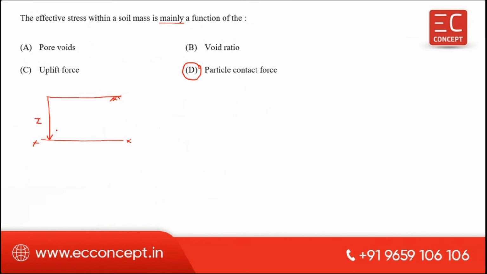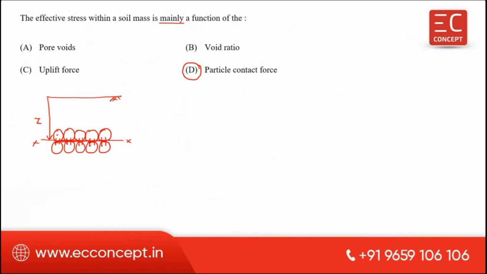So here, at the contact surface, this is the particle, and this is another particle which lies below it. Effective stress is due to this contact area. The stress on this contact area is called effective stress. The effective stress is mainly a function of this contact. That's why it is the particle contact force.